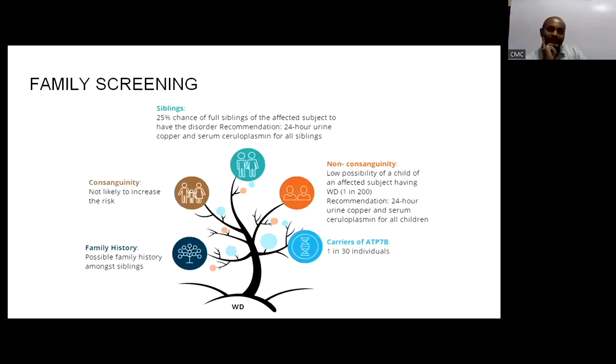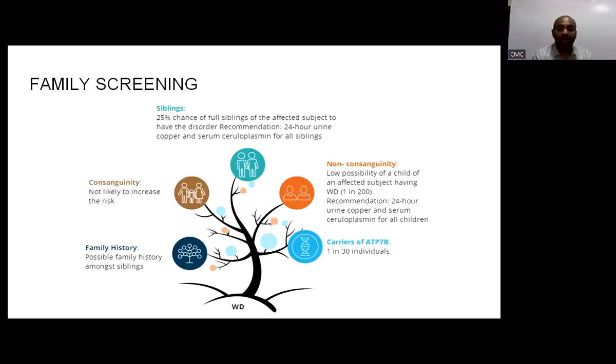Family screening: apart from treating the symptomatic case, family screening is also very important. Siblings have a 25% chance of developing the disorder. So siblings have to be screened with 24-hour urine copper and ceruloplasmin levels.